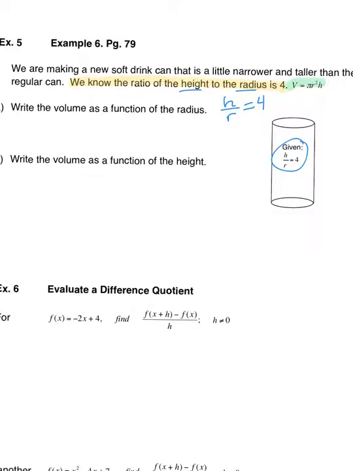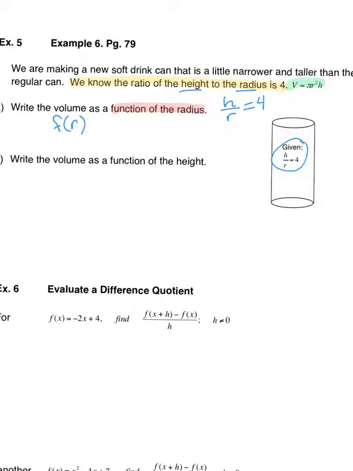And then the first thing that they want to ask you is write the volume as a function of the radius. Well, what does that mean? Let's highlight this. What they're saying is they want you to write it as f of r, function of the radius.